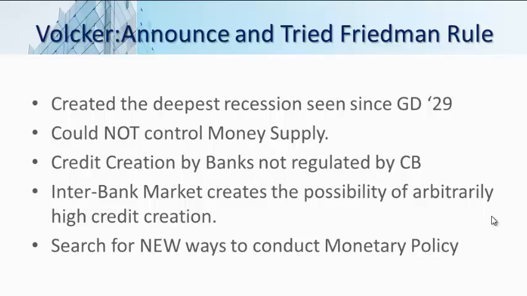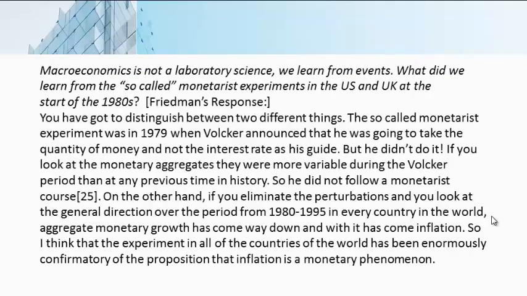So after the Friedman rule failed, there was a search for new ways to conduct monetary policy. Obviously, the Friedman method does not work. By the way, Friedman gave an interview in 2000-something, and he was asked what we learned from the so-called monetarist experiments in the US and UK.